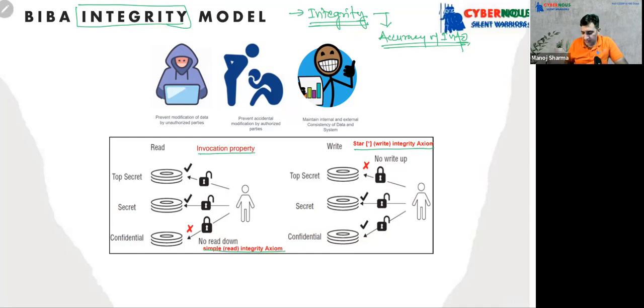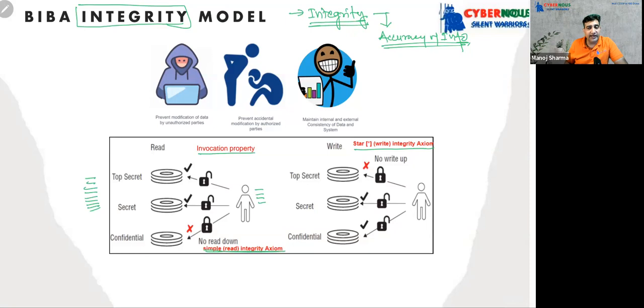Here also, because it is a lattice-based model, we have users on different levels, and we have documents also on different classification and clearance levels. The first rule is the simple integrity axiom. Axiom is nothing but a rule.